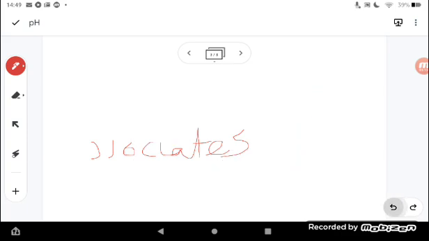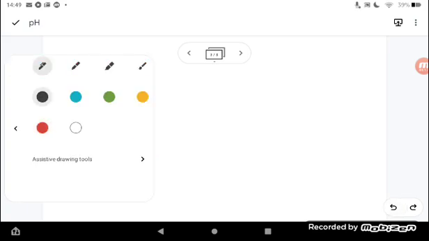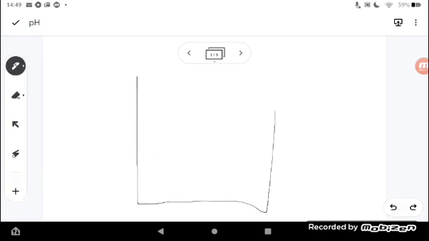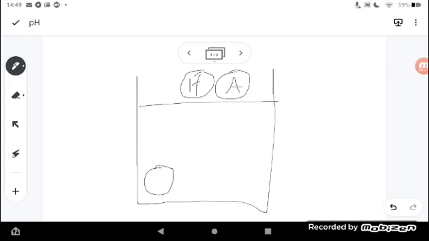However, let's have a look at what a weak acid is. So it's going to be slightly different. In a weak acid, when I take my acid and my conjugate base, when I dissolve them in the water, some of the acid, some of the hydrogen will separate from the conjugate base. Okay, so some of it will separate, however, not all of it will.